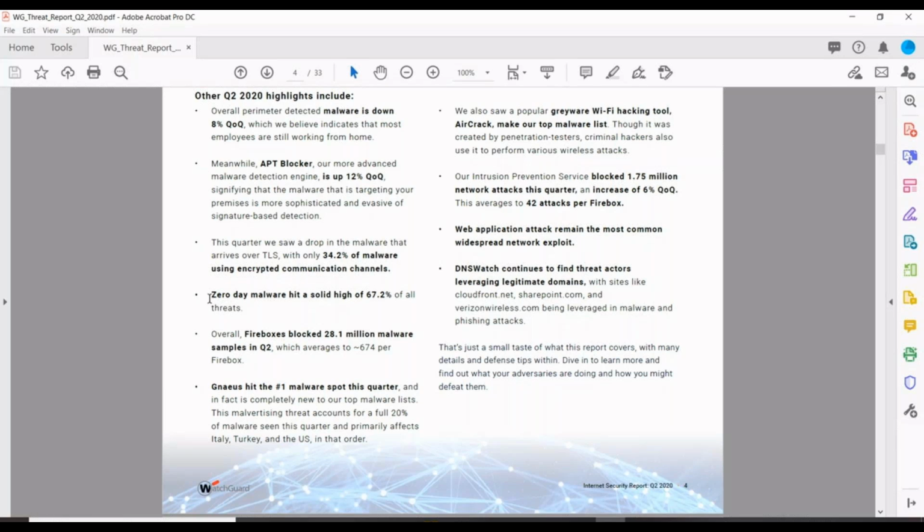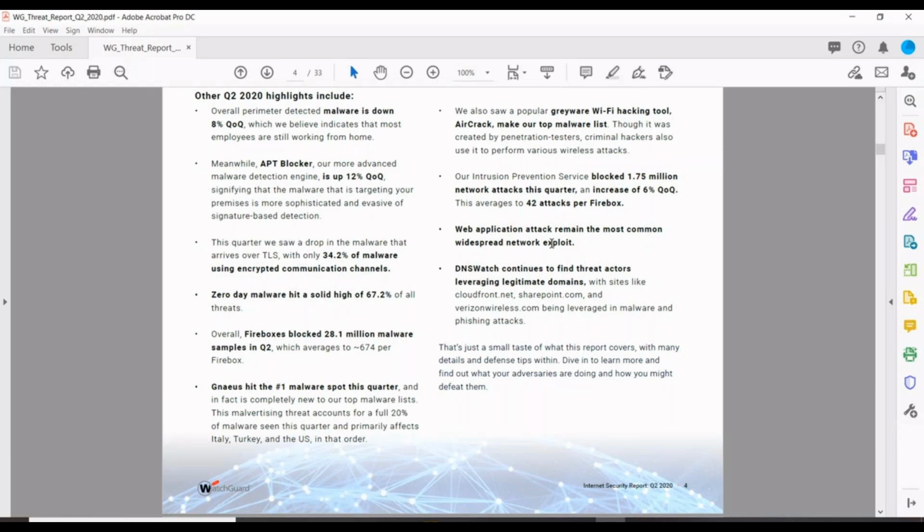Okay? So this is very important, that you have the security services from WatchGuard that will block zero-day attacks. Another thing is that web application attacks remain the most common widespread network exploit when it comes to the threats.